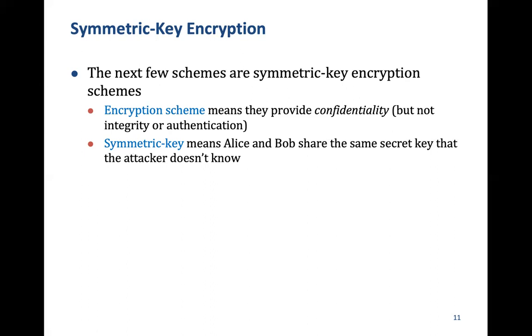So Alice encrypts a message, and then Bob, using the same key, decrypts the message. And this key is known only to Alice and Bob, not known to anybody in between. Eve or Trudy or Mallory, anybody doesn't know this key, right? So now the question you may ask is how is this key shared between Alice and Bob?